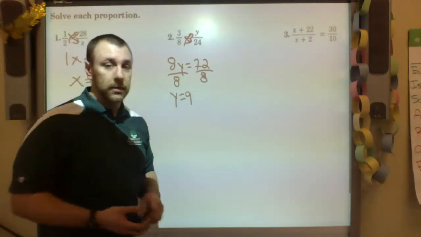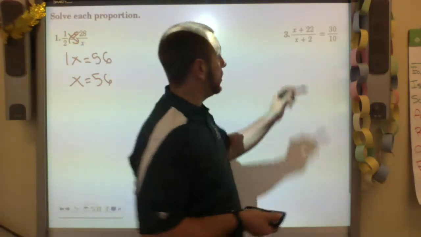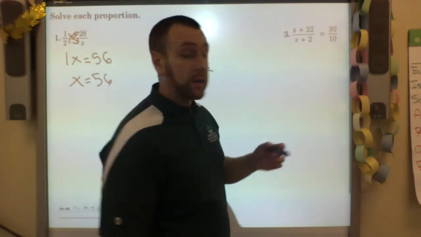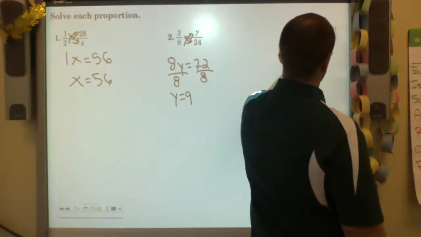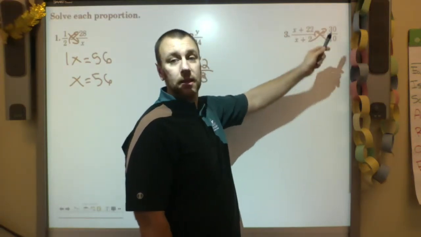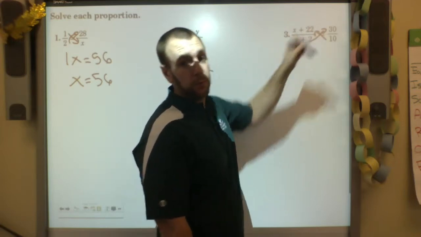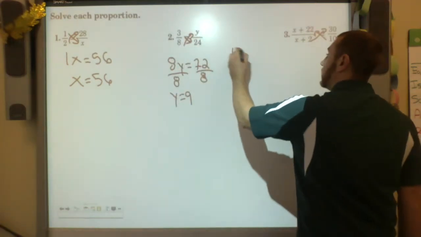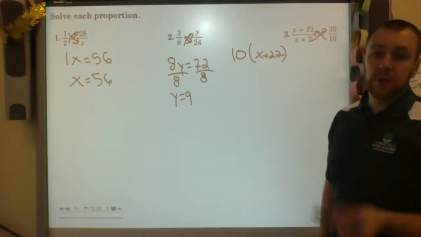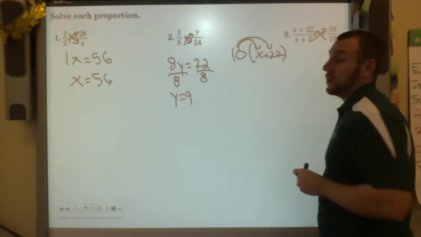What I want to highlight are problems like this. Okay. Now you notice that it's x plus, x plus. So when I cross multiply, I just don't multiply the 10 times the x. Now I multiply the 10 times the x and the 22. Oftentimes, if I write it out like this, students notice that this is really the distributive property.